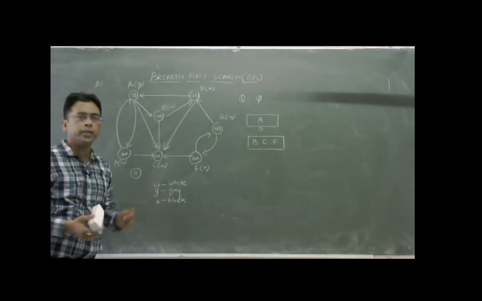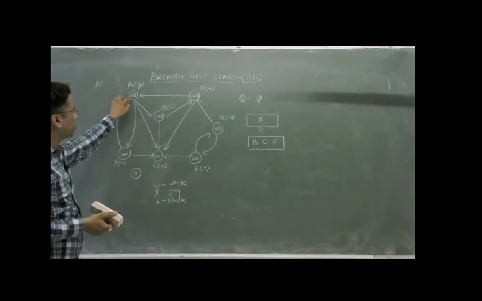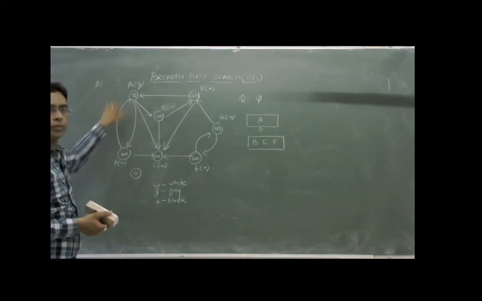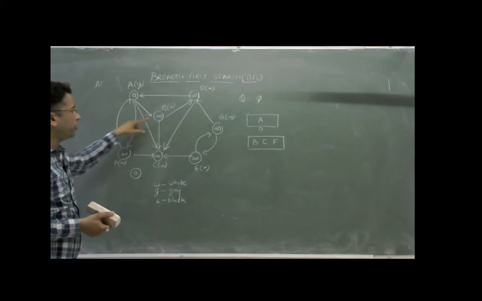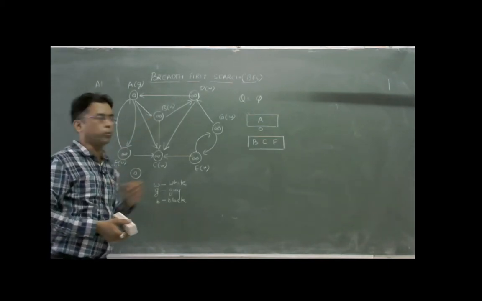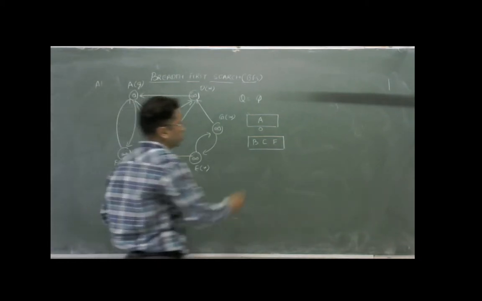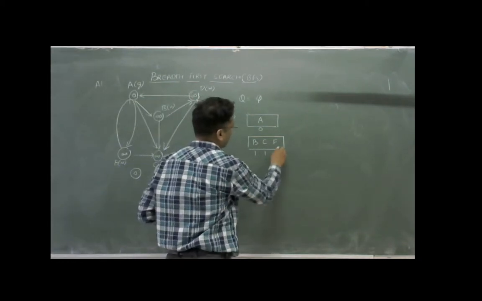These nodes were at distance infinity, but now the distance of these nodes will be computed again. So this node is 0 and it is the parent of these three nodes. So the value of these nodes will be 1 plus the parent's value. The parent's value is equal to 0, so all these nodes' distance would be 0 plus 1, which means 1.